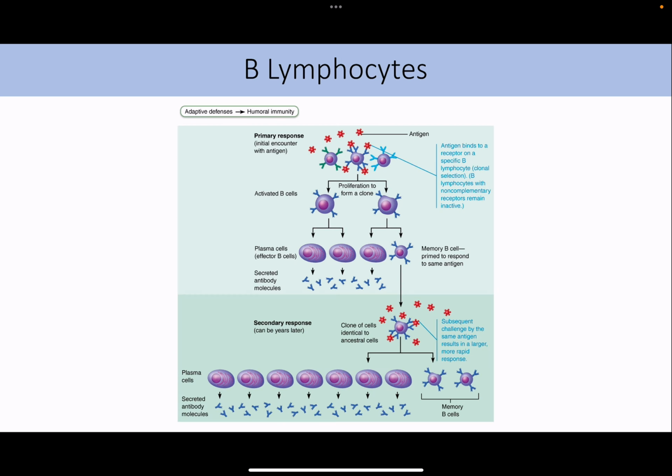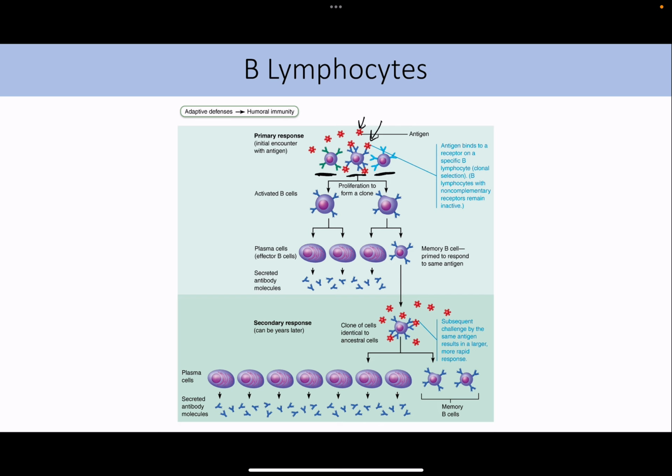So how B lymphocytes work is you can see three different B lymphocytes here. Here's one here, one here, one here. But these antigens are only binding to one of these cells. Okay, so your body produces lots and lots of B cells, and they're all going to be very specific to a very specific shape of antigen.